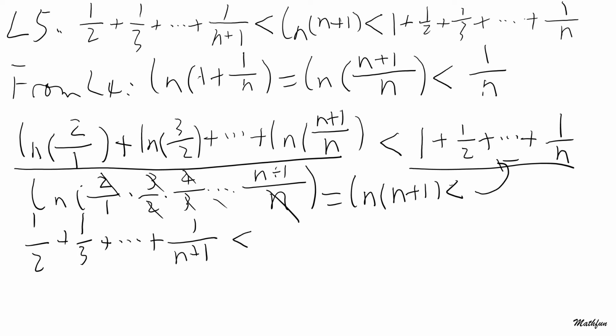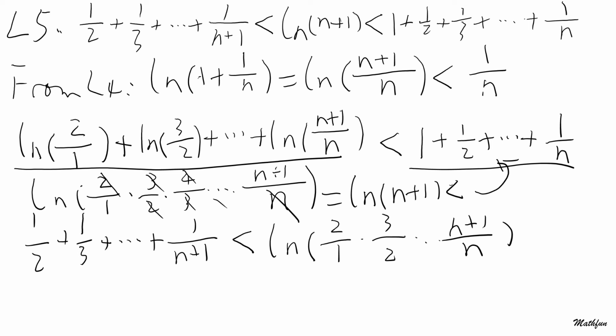This will be smaller than the natural log of 2 over 1 times 3 over 2, continuing to n plus 1 over n, because this was the left hand side of our lemma 4.